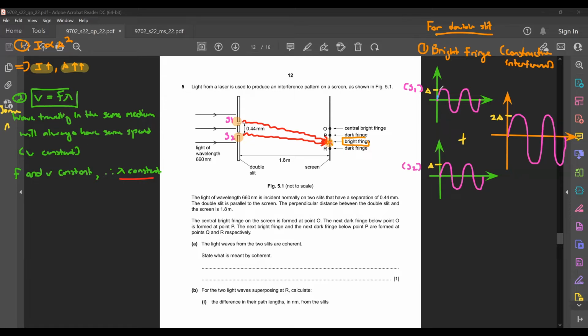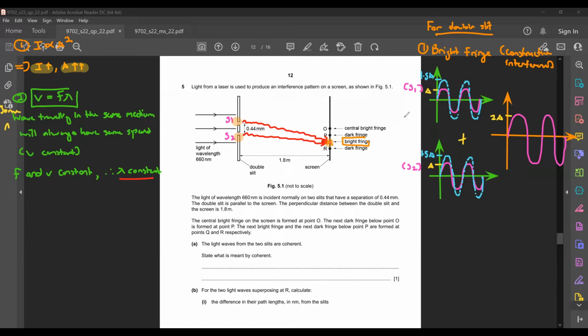It could be that maybe you are getting a new wave that looks like this. This one here is probably 1.5A because you're having larger intensity, so your amplitude is larger. And then the same goes for the wave from S2 also. So this one again is 1.5A.